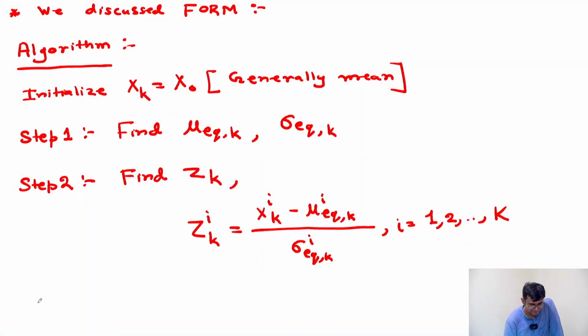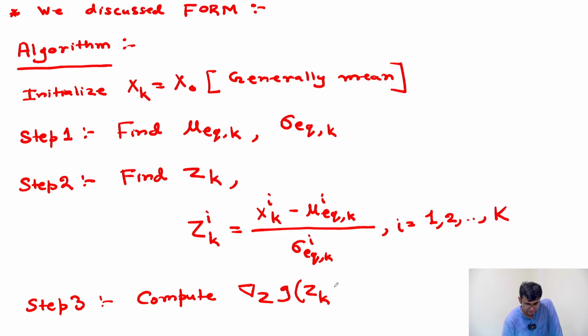Step 3. Now nothing changes. I will compute the gradient, grad of g of zk. I'll do that, right? Step 4. I'll compute my alpha, the unit normal in the direction of the gradient.